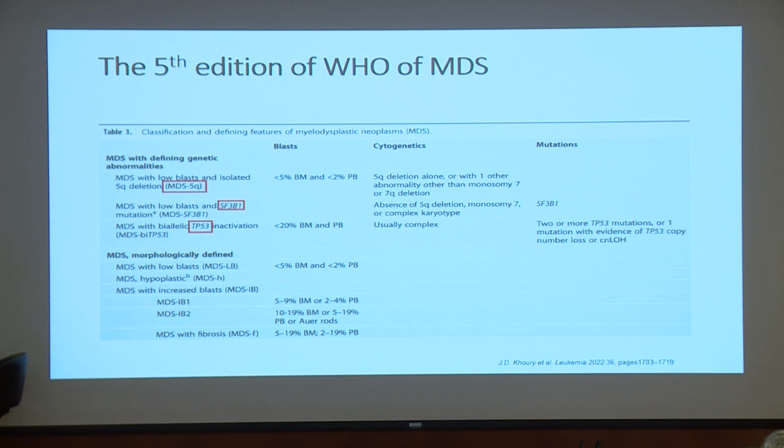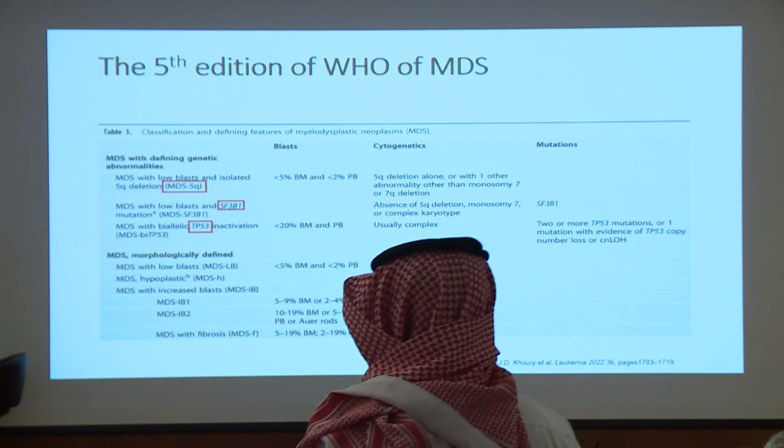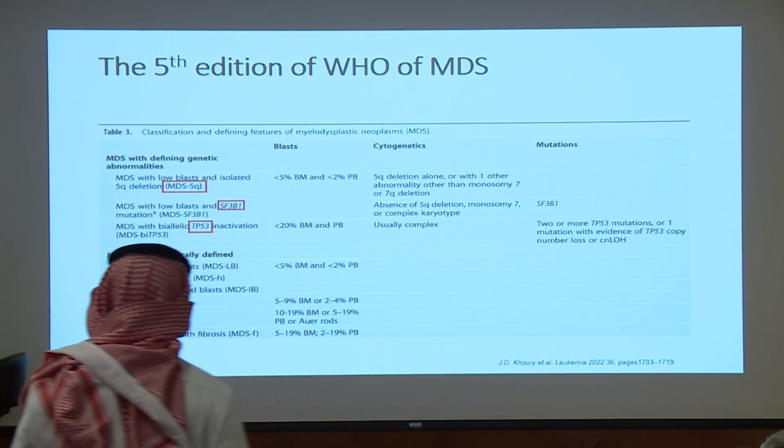So the question: why is MDS still not classified based on gene mutation like AML? I think one of the reasons is that they have to look at the clinical significance, or clinical impact, of these gene mutations on the patient.